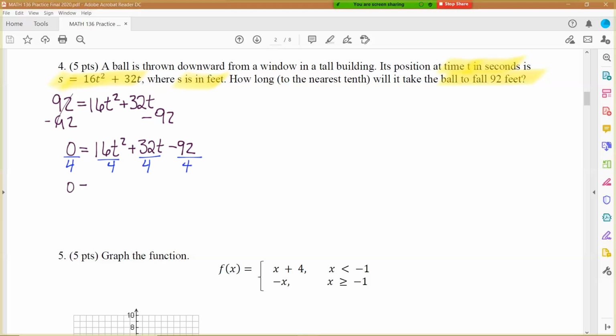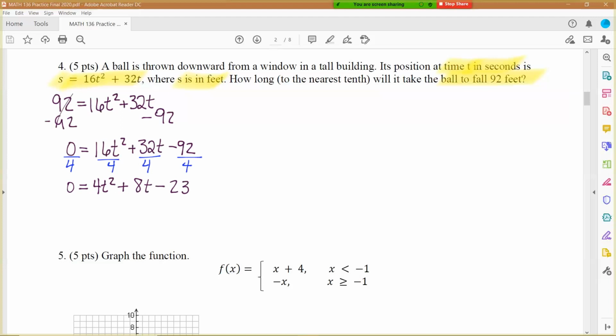So 0 divided by 4 is 0. 16t squared divided by 4 is 4t squared. So that gave me 4t squared plus 8t minus 23. Unfortunately, that still does not factor.